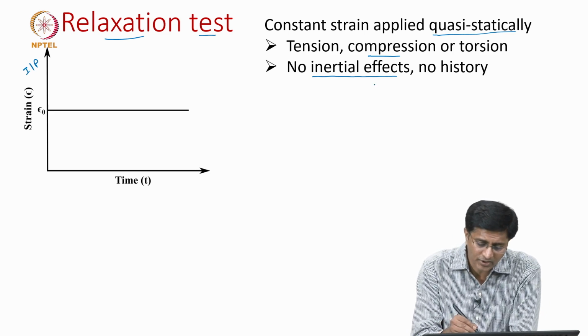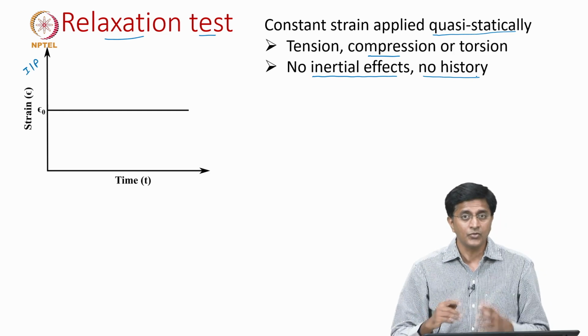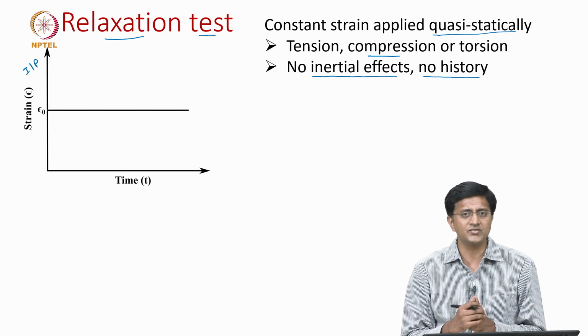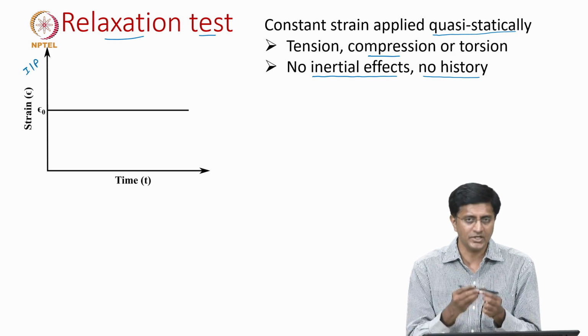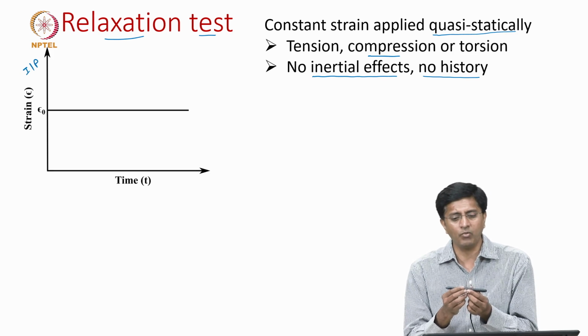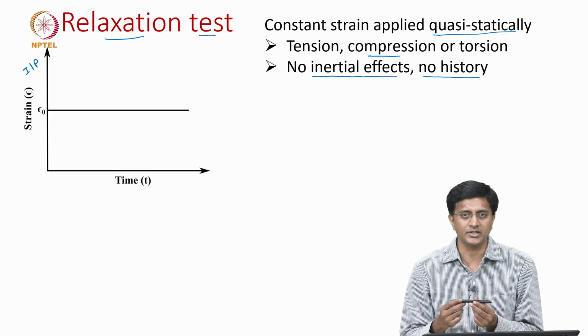So, we are also mentioning, in addition to there being no inertial effects, the specimen should not have any history. Now that we are talking about materials which are time dependent, let us say I tested this specimen yesterday and today morning I am planning to do this tension relaxation test.